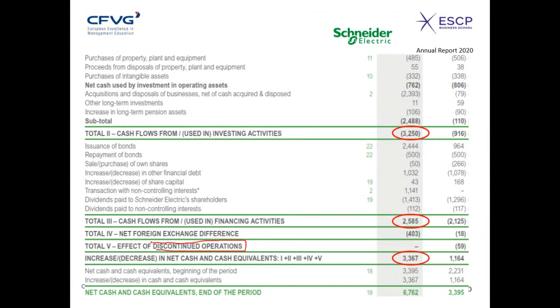Discontinued operations. Well, remember the forecasting function of financial statements. So I look at the past in order to forecast the future. Now, if in 2020 I know, for example, that I will sell part of my activities.